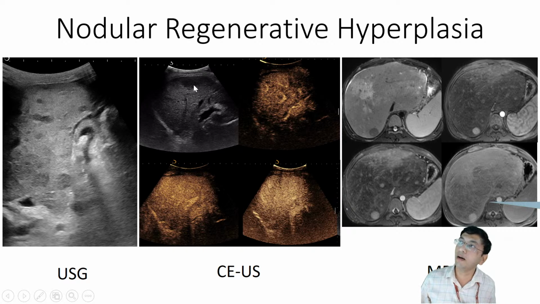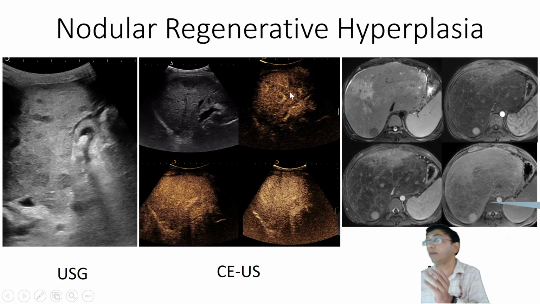This is the B-mode ultrasound image showing a hypoechoic nodule, and after we give the contrast and follow the enhancement pattern on the arterial phase, we can see the nodule showing enhancement, but there is no washout seen in the delayed phases.